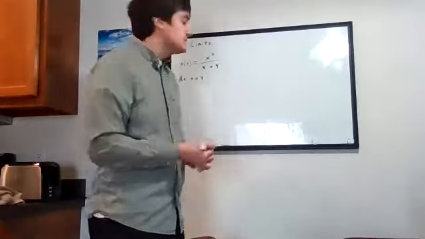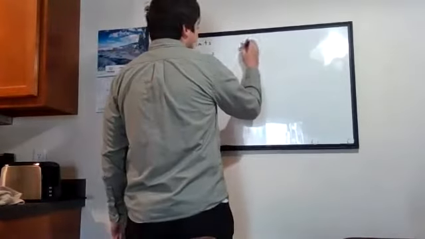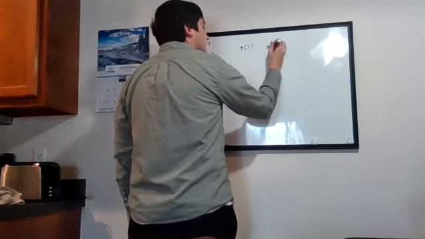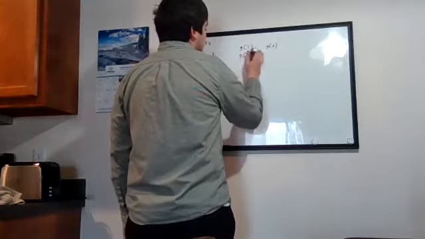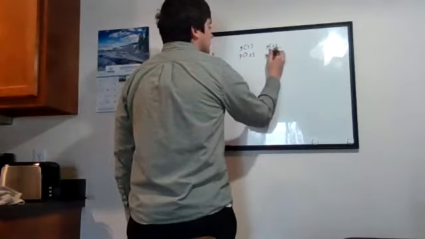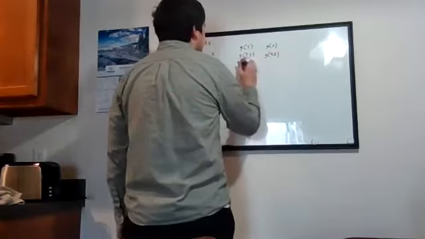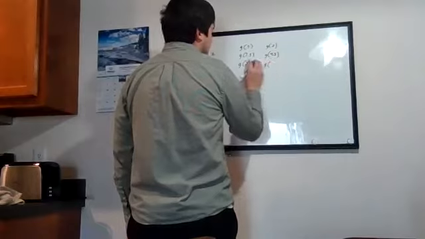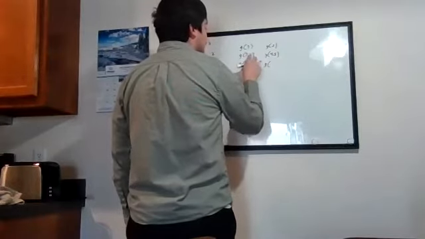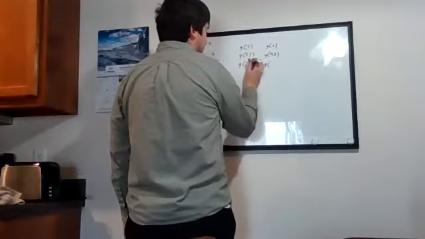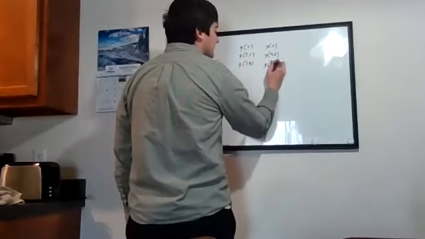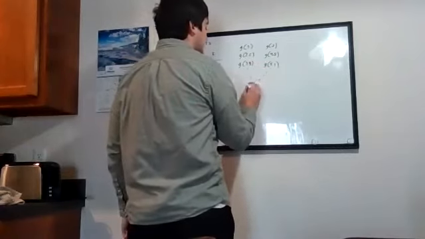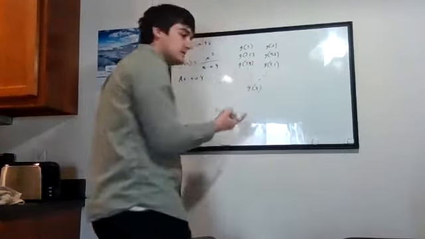So I could plug in values: g of 3, g of 5, then get closer, g of 3.5, g of 4.5, then g of 3.9, g of 4.1, and you can continue getting closer until we can see what g of 4 looks like.